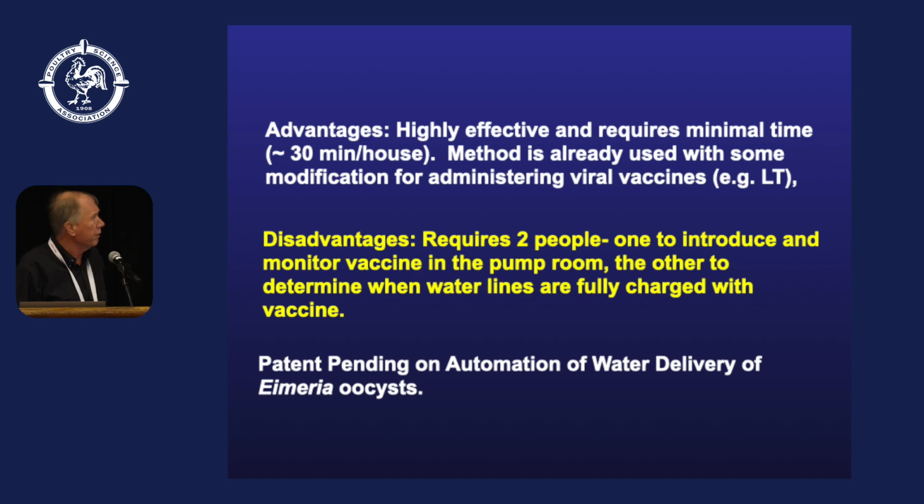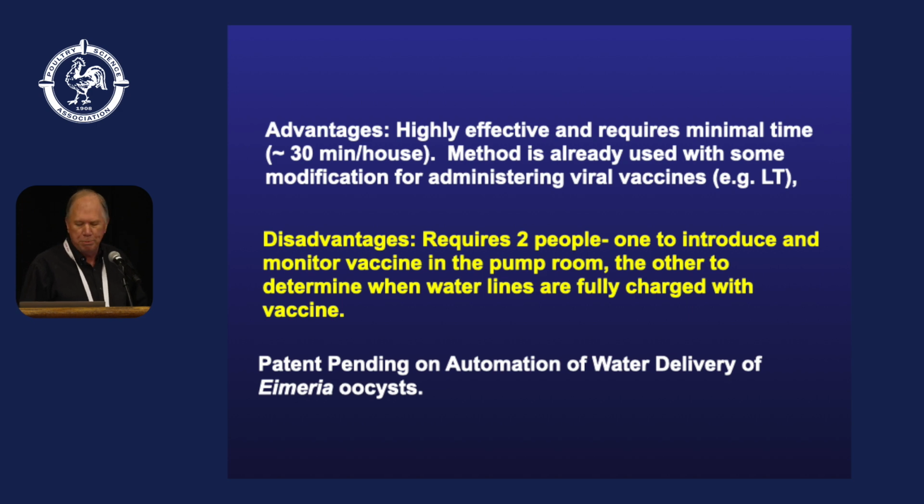The advantages of water vaccination are that it's highly effective, requires only 30 minutes per house, and the method has already been used or is being used to administer some viral vaccines, such as LT. The only problem with the LT is it's delivered a little later than the 3 days. So trying to convince poultry companies to combine an LT vaccine with a cocci vaccine is now the next issue.